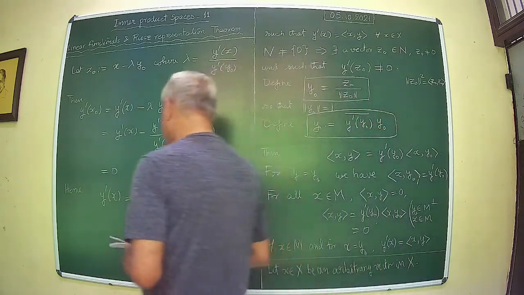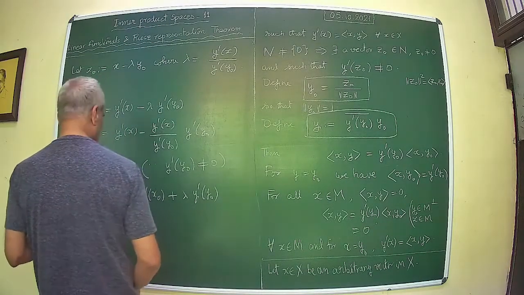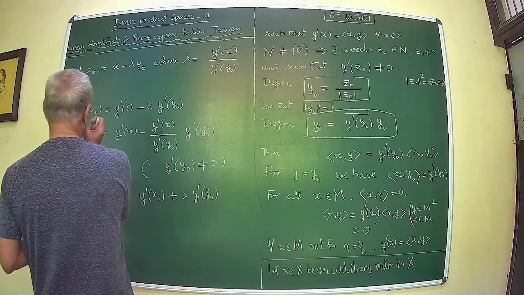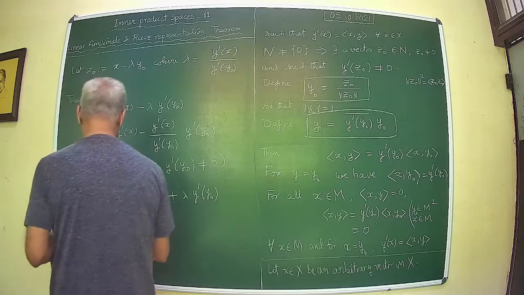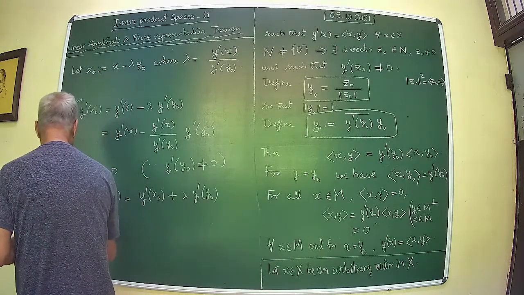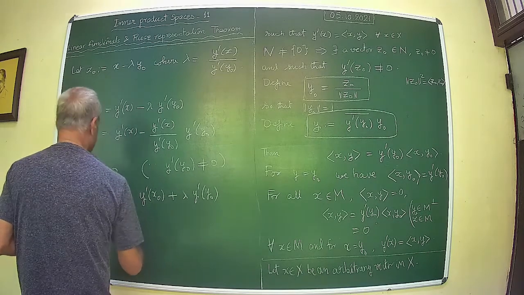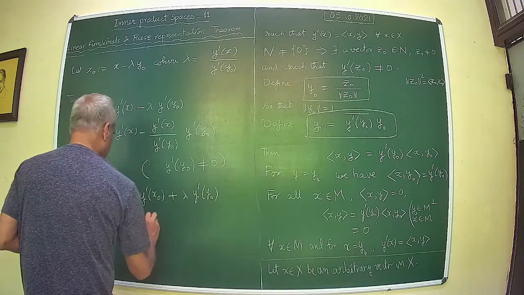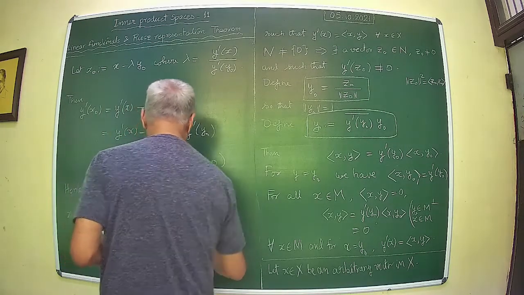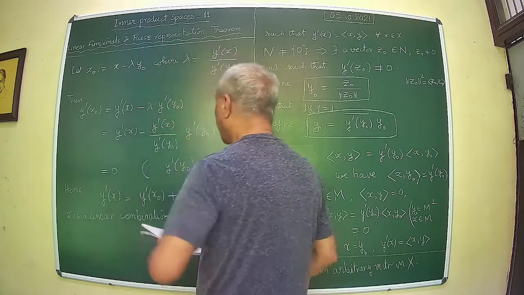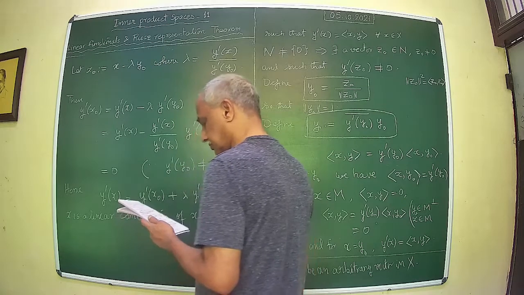That is, x is a linear combination of x naught and y naught.